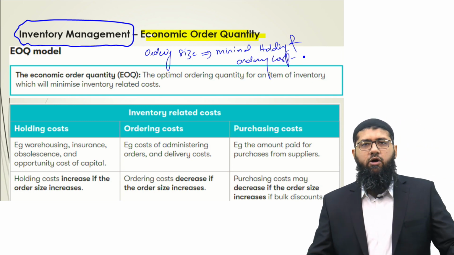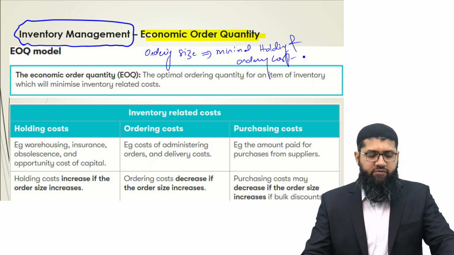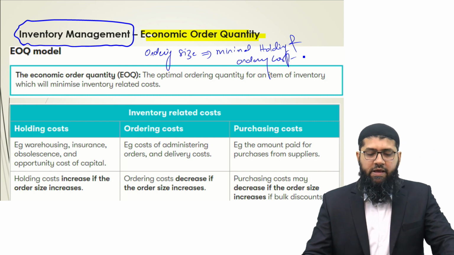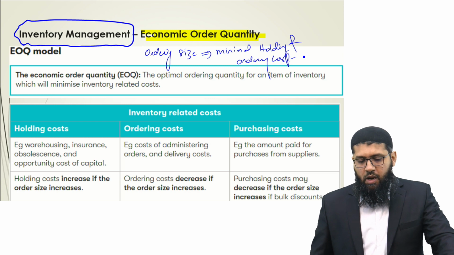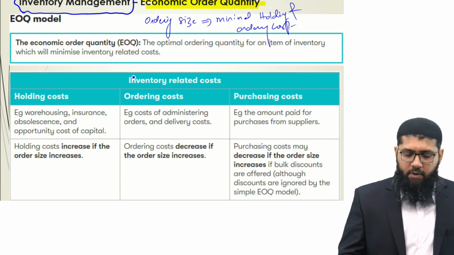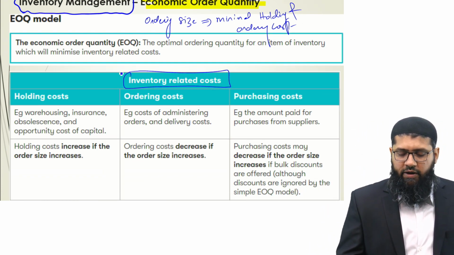So economic order quantity, EOQ, is that inventory order size that leads to minimal holding and minimal ordering cost. How do we actually go about this?